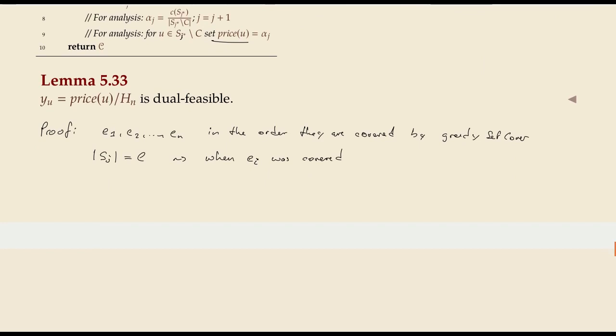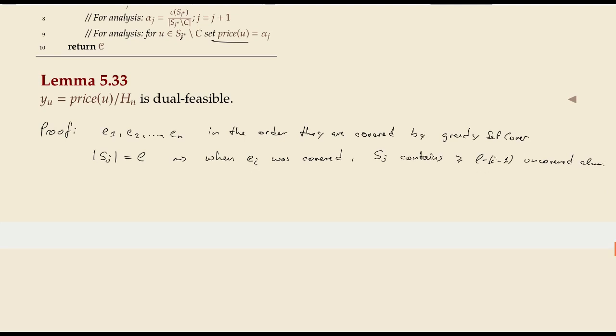At some point in time, we added ej because we added a new set, and ei was one of the elements that was not previously covered. So when this happened, this set Sj contains at least L minus i plus 1 uncovered elements. Well, simply because we have just added i minus 1 elements up to now. So maybe it's nicer to write it like this. We just have added i minus 1 elements and now add the ith.